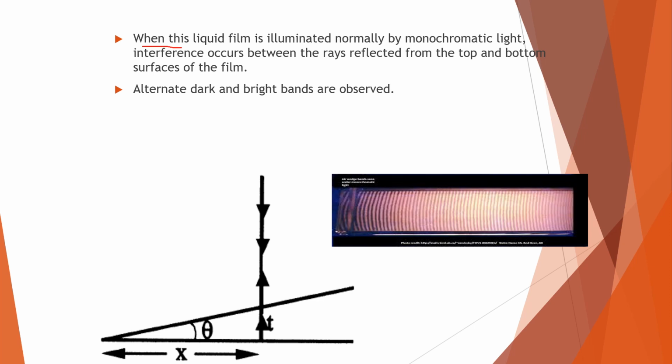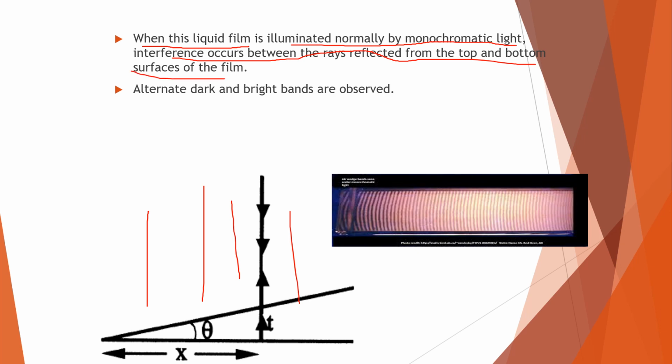Now, when this liquid film is illuminated normally by monochromatic light, that is, when light falls normally on this wedge, interference occurs between the light rays reflected from the top and bottom surface of the film. The light rays get reflected from the top layer and also from the bottom layer.